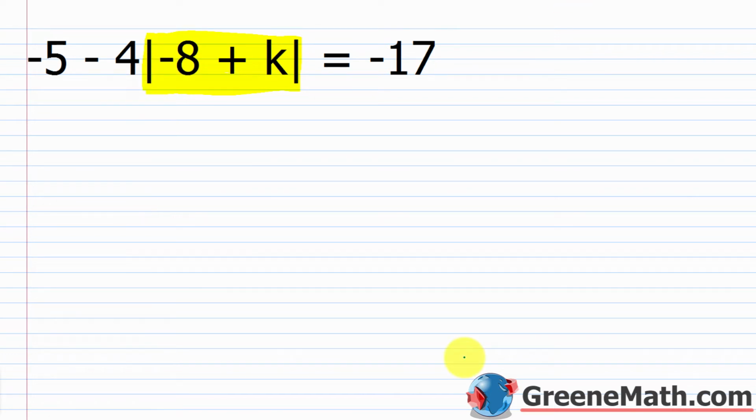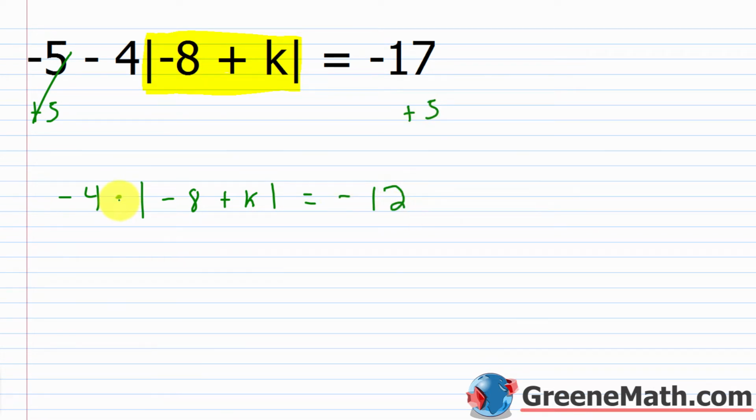So the first thing I'm going to do is add 5 to each side of the equation. So this would cancel. What I'm left with on the left, I'd have negative 4 times, I'm going to put a multiplication symbol there so it's obvious, the absolute value of negative 8 plus k, and this is equal to negative 17 plus 5, which is negative 12.